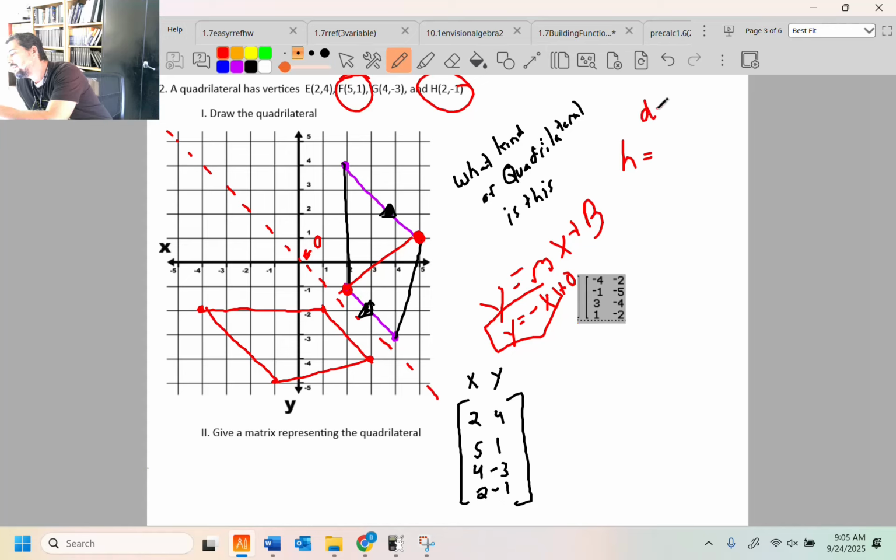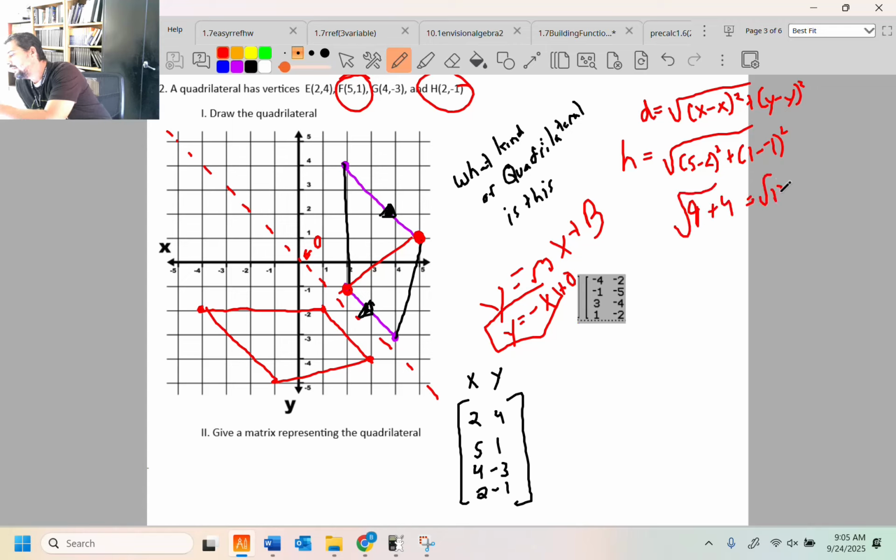By the way, distance is the square root of x minus x squared plus y minus y squared. So it's going to be the square root of 5 minus 2 squared plus 1 minus a -1 squared. All right, 5 minus 2 is 3. 3 squared is 9. 1 plus 1 is 2. 2 squared is 4. And I get root 13. So this one's going to kind of have some ugly answers, but that's my height. It's root 13.